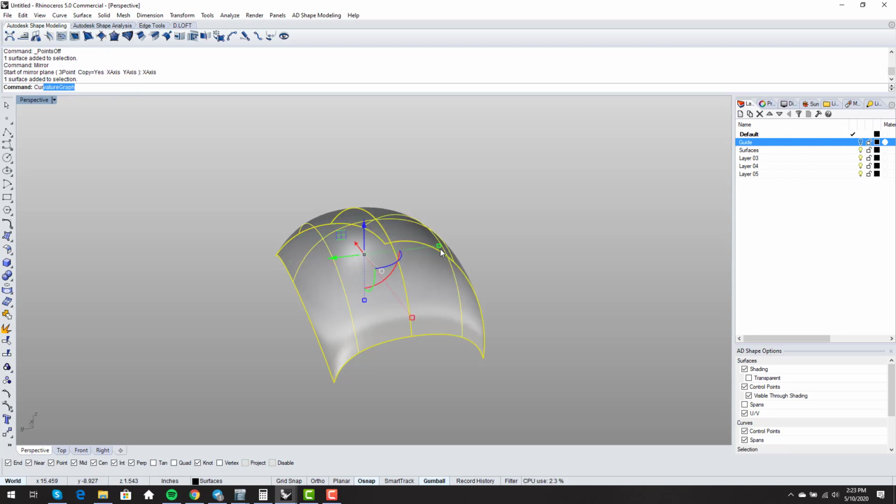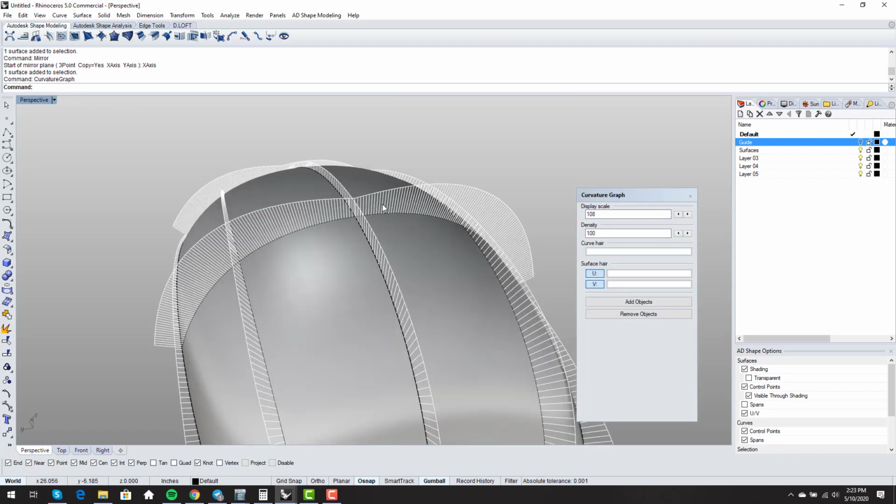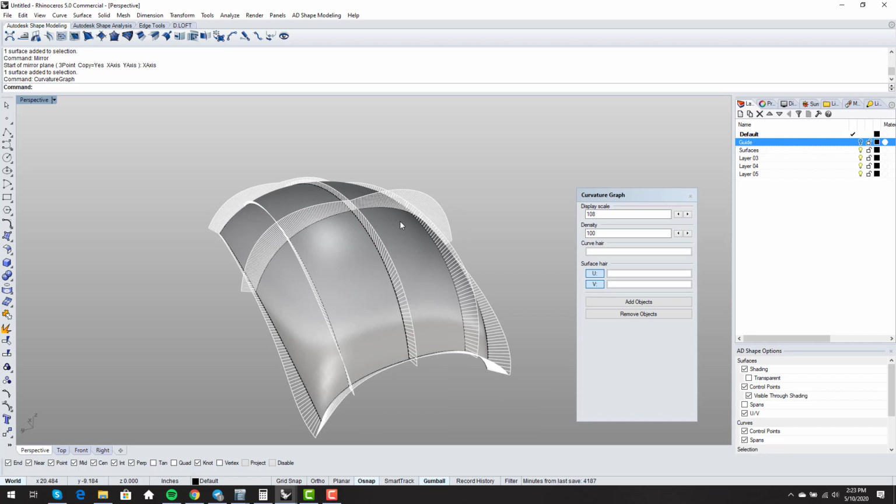I'm going to turn on the curvature graph. The definition of something being curvature continuous is that the curvature combs need to match. The rate of change of the surface, the curvature of the surface, needs to match at that seam.